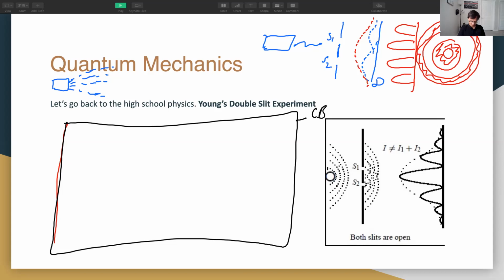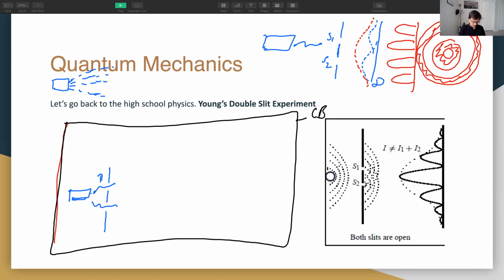And I'm going to run that experiment inside the box where I have my light source, two slits, and a screen. Or let's remove the screen for a while. So in this, my photon is behaving like a wave function.